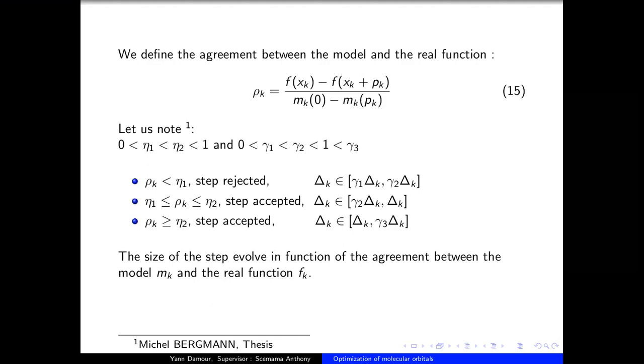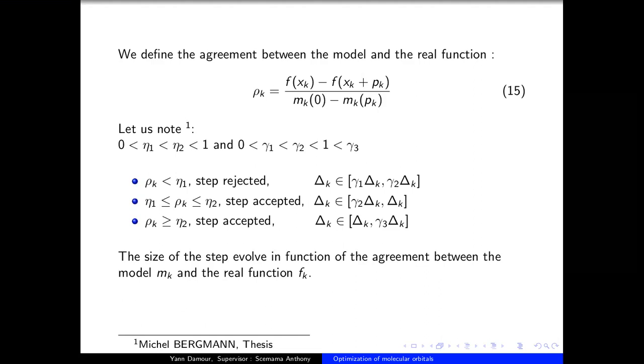So if the agreement is good, we have a rho which will be equal to 1, and if the agreement is very bad, we have a rho which tends toward 0.